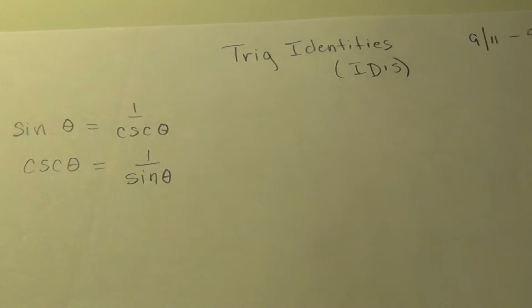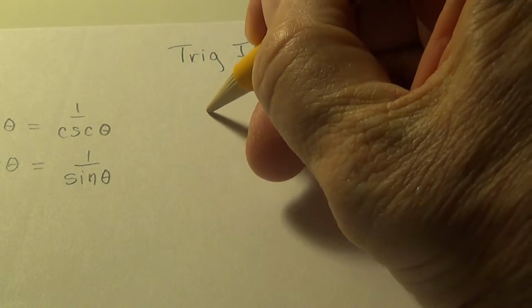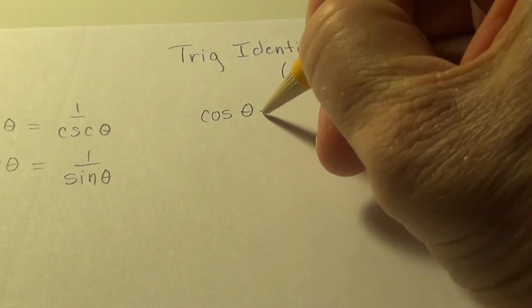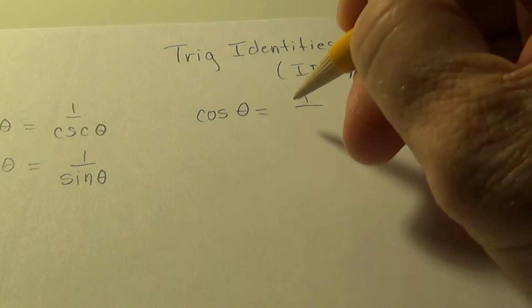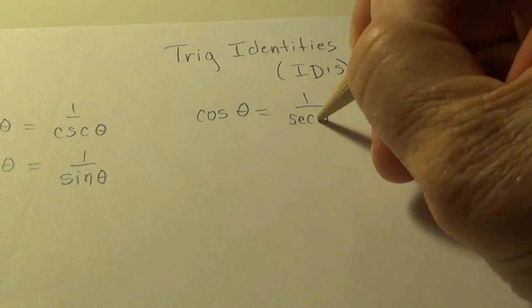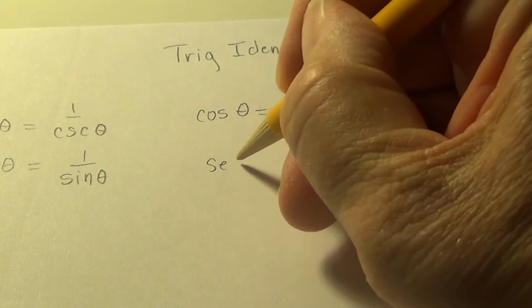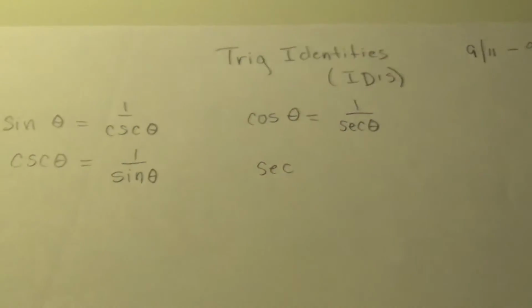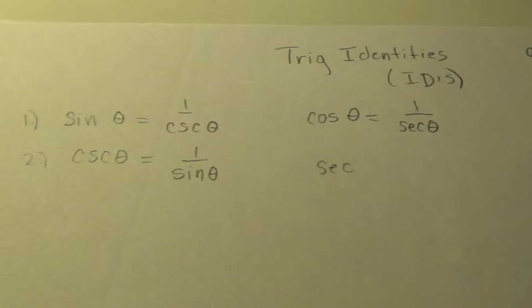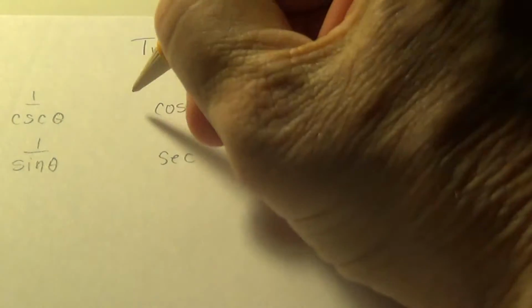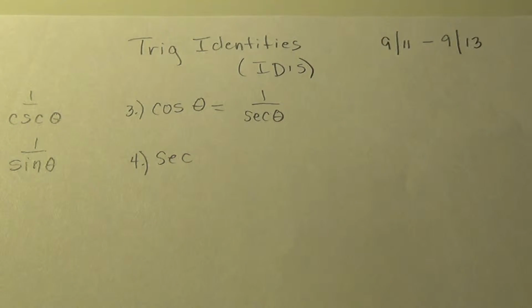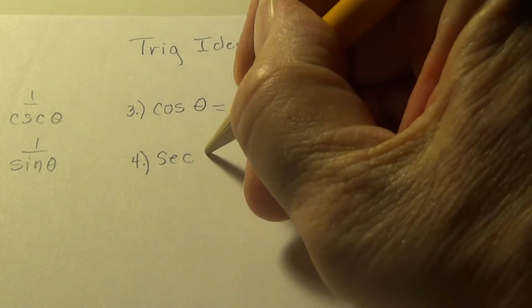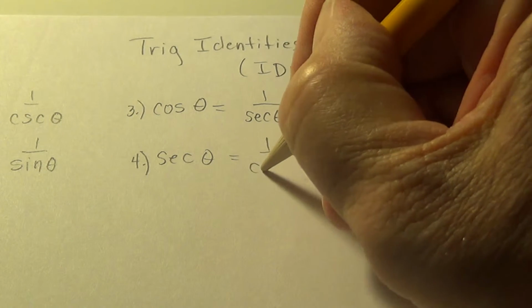Let's do the same thing with cosine and its partner reciprocal, which is 1 over secant theta. And likewise, secant is 1 over cosine. I said we'd number them and then I didn't number them very well: 1, 2, 3, now 4. Secant is 1 over cosine.